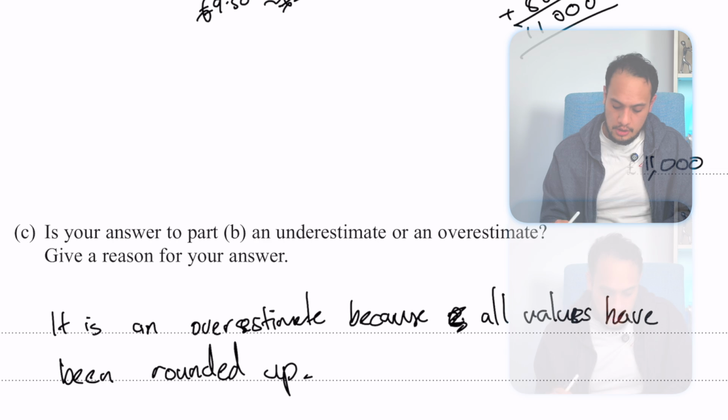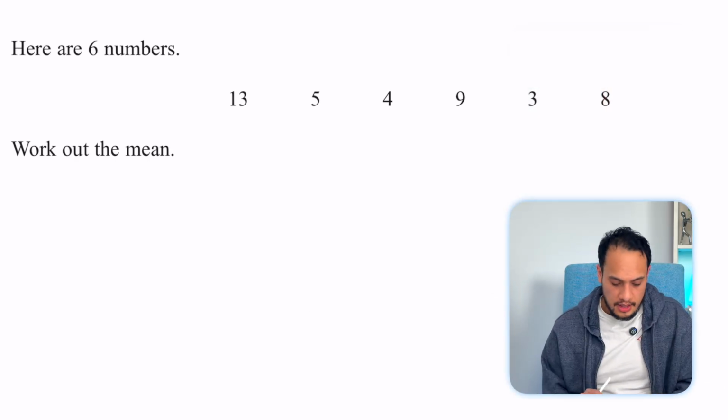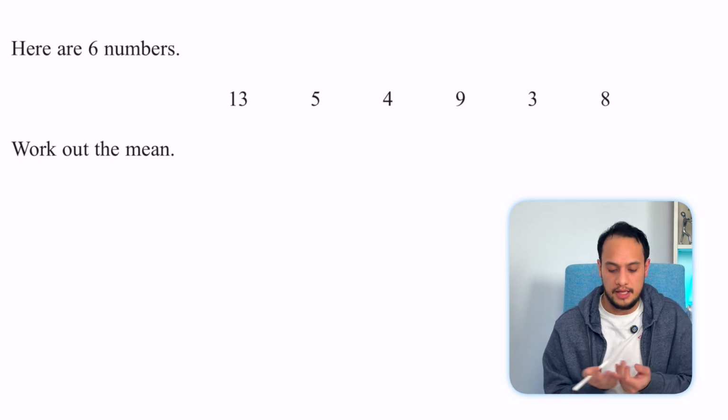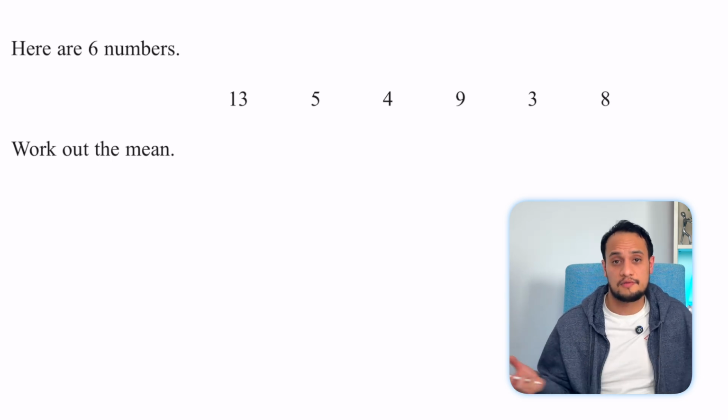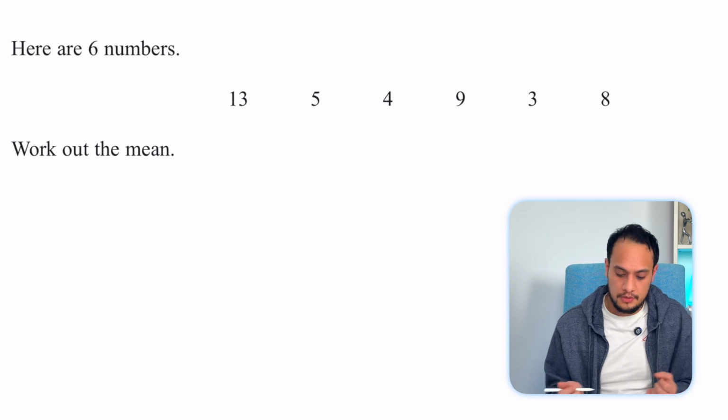Okay? So number 12. Here are 6 numbers: 13, 5, 4, 9, 3, and 8. And it says work out the mean. So we work out the mean by taking each value, adding them together, taking the sum of the values and dividing by the total number of values.